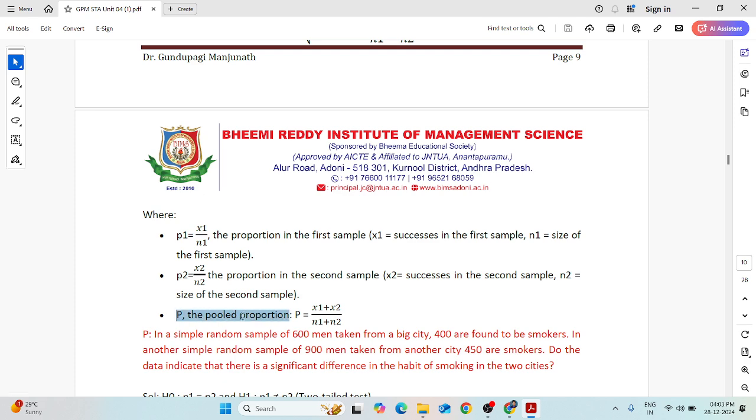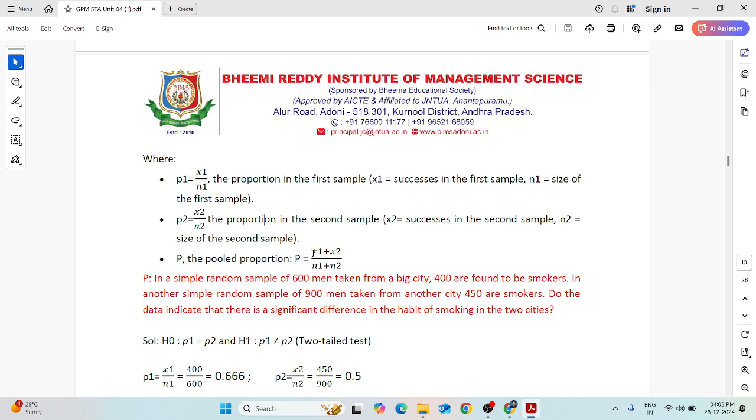Upper P here we call the pooled proportion. We calculate the pooled proportion as x1 plus x2 by n1 plus n2.